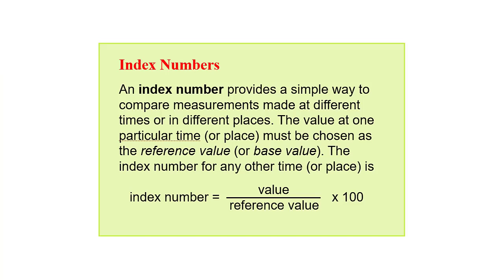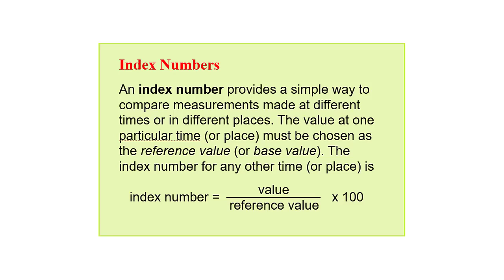As an official definition, the index number provides a way of comparing measurements made at different times or in different places. What we do is take the value of one particular thing and use that as the reference value or the base value. And then the index number for any other thing is simply how it relates to that original thing, right?